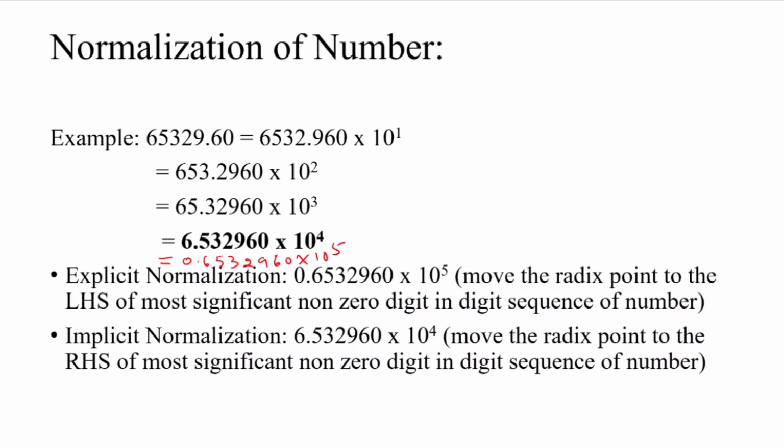Since more than one representation of the same number is possible, there is a need for a unique representation of that number, and that is known as the normalized form of a number.